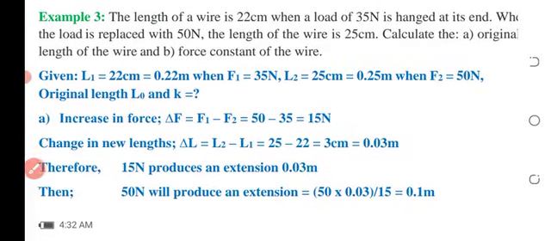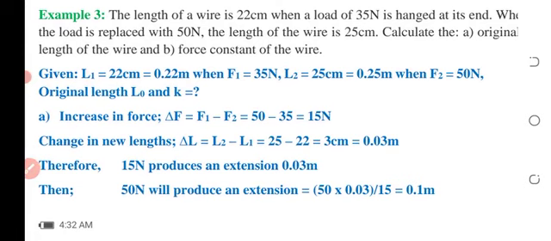In our third example, we have the length of a wire is 22 centimeter when a load of 35 Newton is hanged at its end. So when the load is replaced with 50 Newton, the length of the wire turns to 25 centimeter. We have to calculate the original length, L naught, and the force constant of the wire.